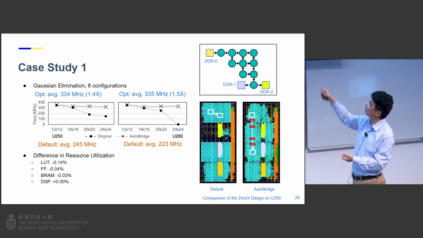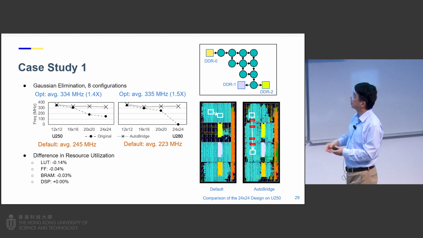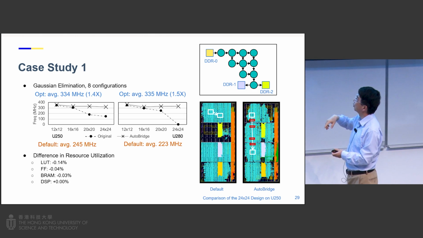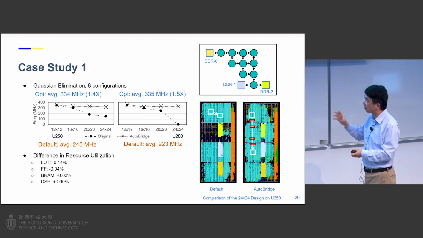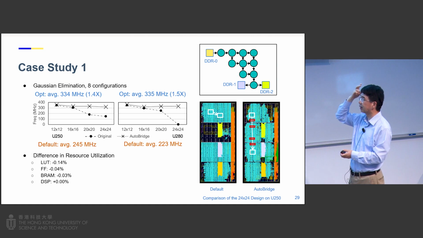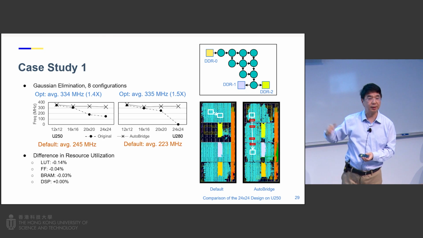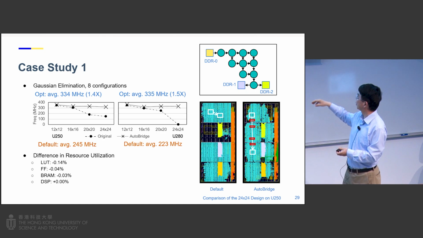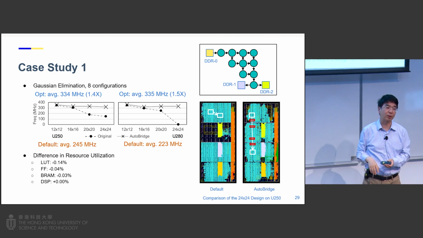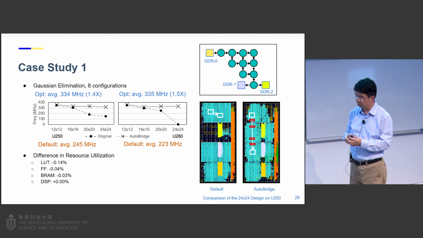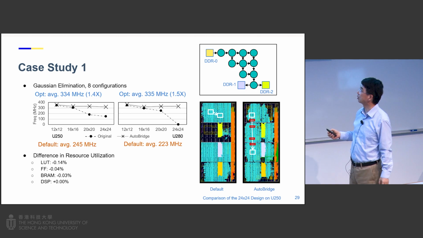And if you don't do anything, it drops significantly lower, otherwise drops to 223. So the resource overhead we have is very small, because all you need to do is to add some pipeline registers for the interconnect. So this is a fairly large systolic array design on an FPGA, 24 by 24. Because the idea is you want to use up all the FPGA resources for acceleration.